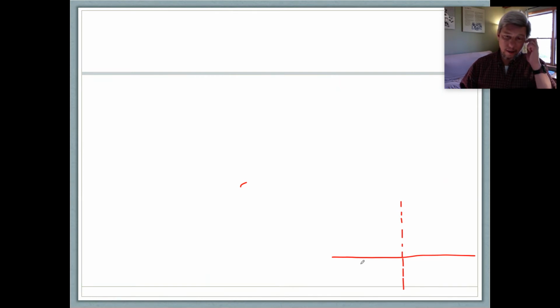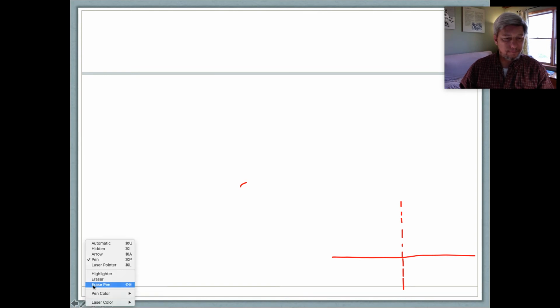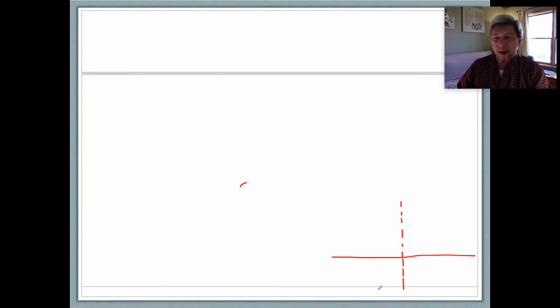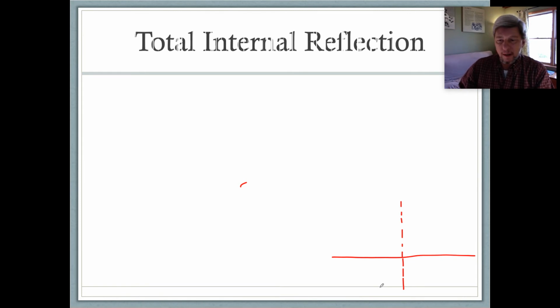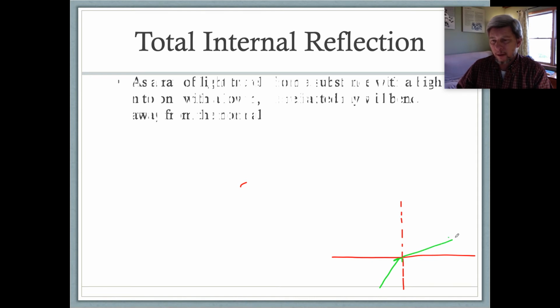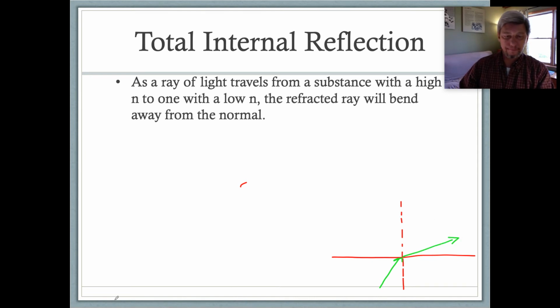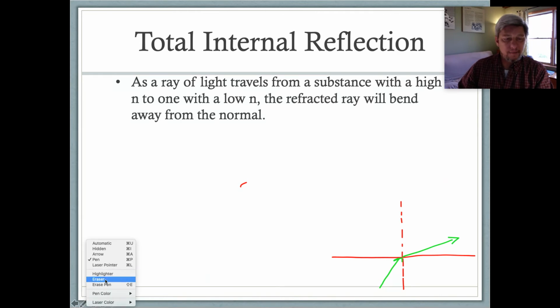And let's say a ray of light comes in at this angle, and it'll bend away.